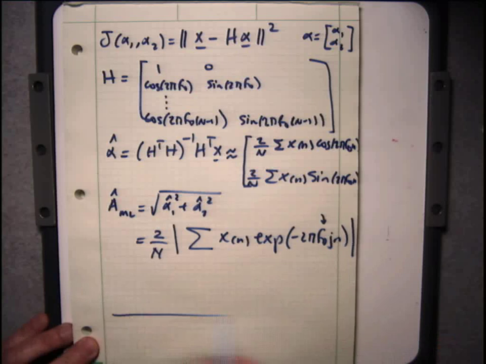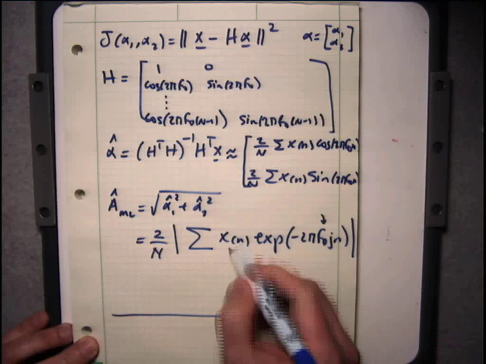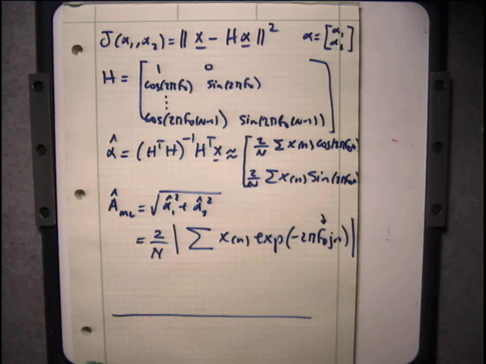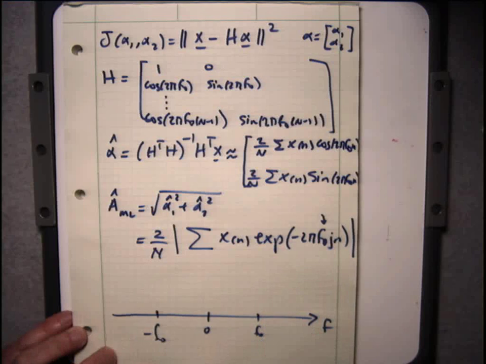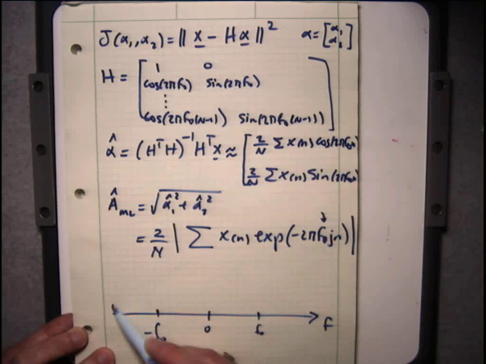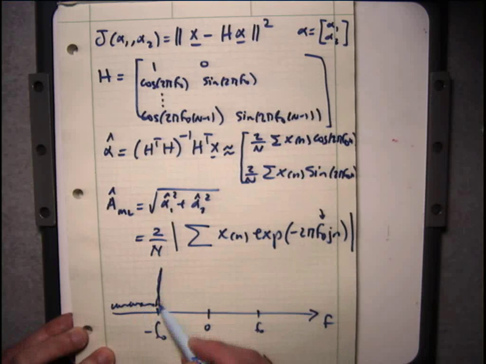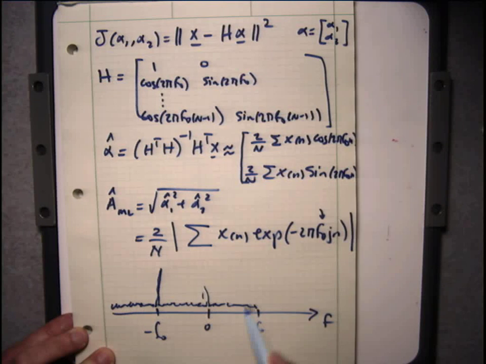So suppose I were to take the signal x(t) and FFT it, and then compute the magnitude of the FFT and plot it, what would it look like? So this is, say, 0. This is the frequency axis. This is f0, and this is minus f0. What would the FFT look like? It'll look like this, and then here you'll have a big bump, and maybe you'll have some other stuff here, and then here you'll have another big bump.